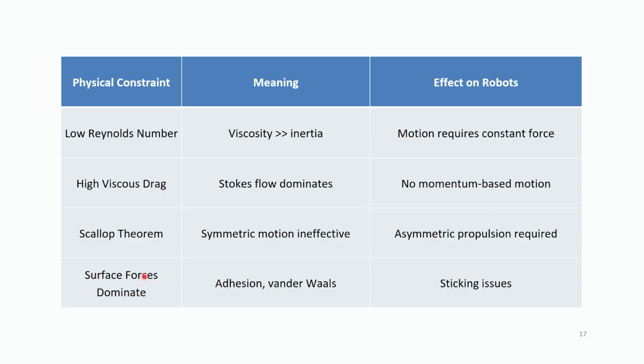Then physical constraint where surface forces dominate. Bots will stick together. It will cause adhesion due to van der Waals forces and so on. So due to surface forces there will be adhesion between the bots. The effect will be sticking issues and your bots are going to cluster.